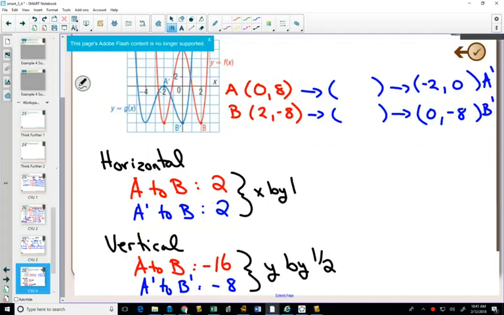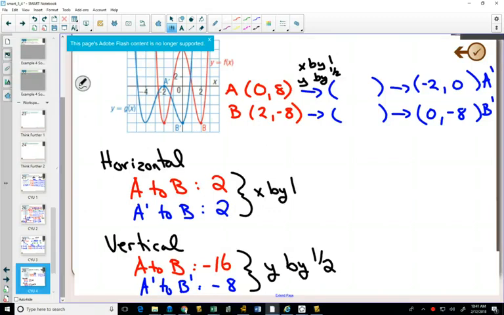So we first figure out in this one, by doing this, you've now figured out that your x values have been multiplied by 1, which you wouldn't have to show anything for, and your y values by 1/2. If you want to fill things out, you could.